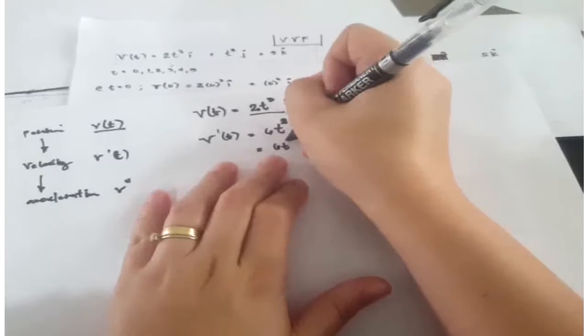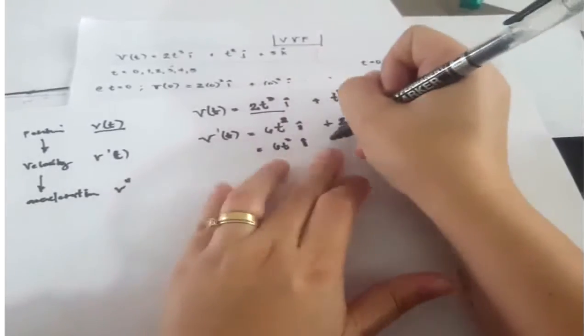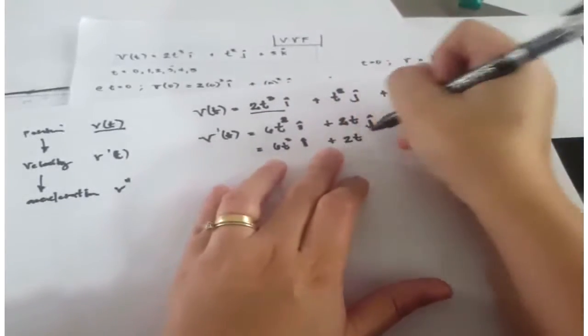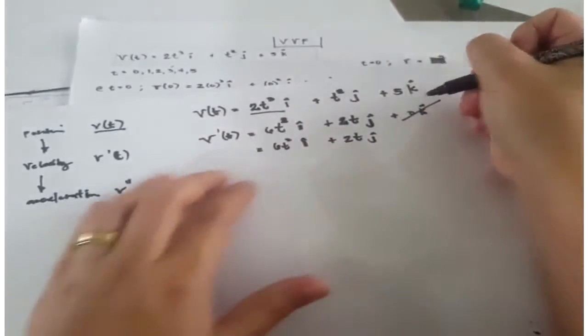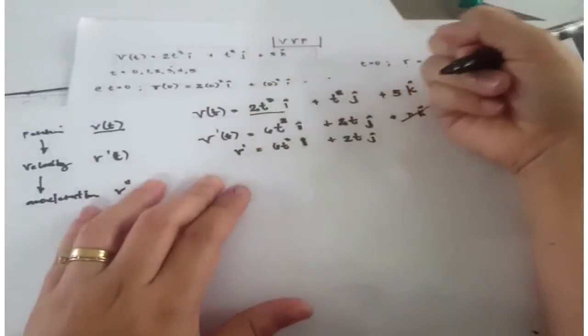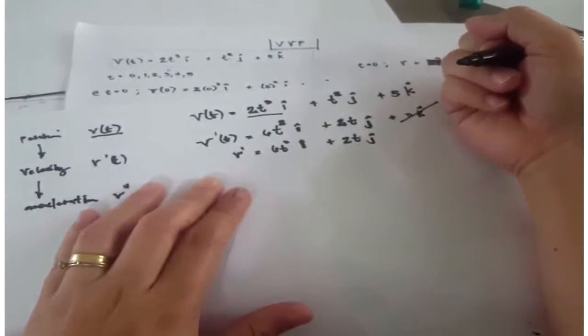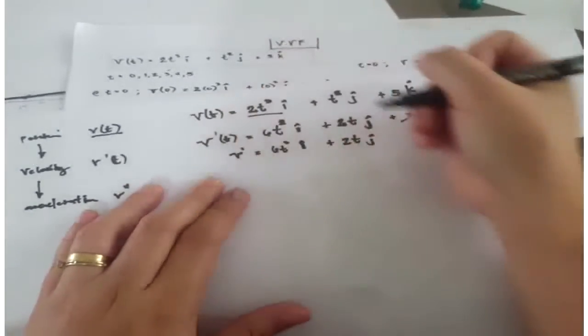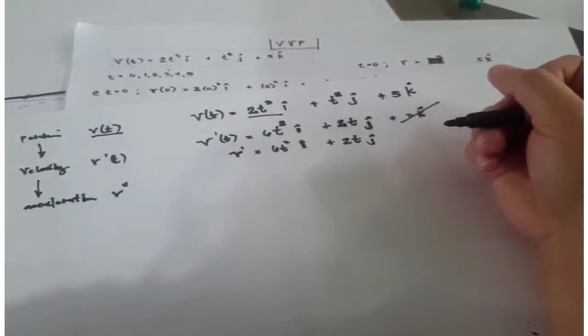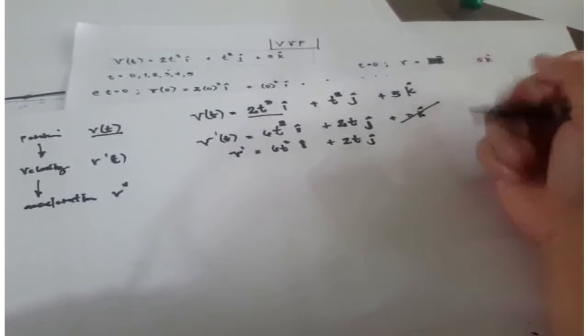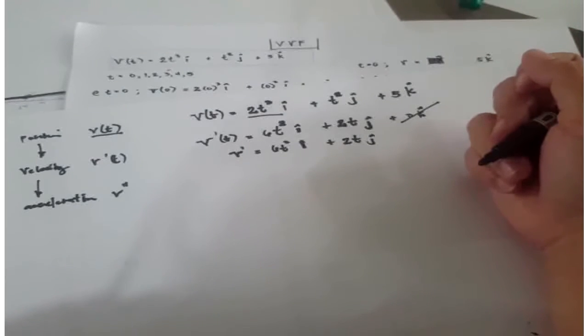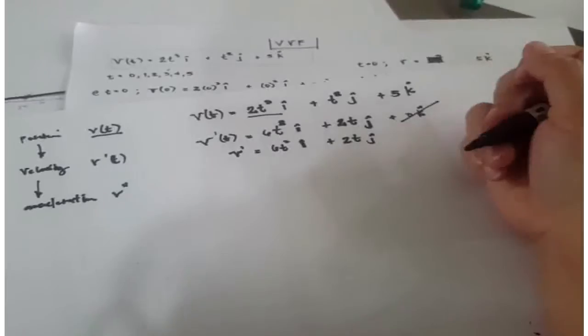We have 6t squared I plus 2t j. This is our v prime. That's it. But if you have trouble in your calculus, I think that would be our main problem here.